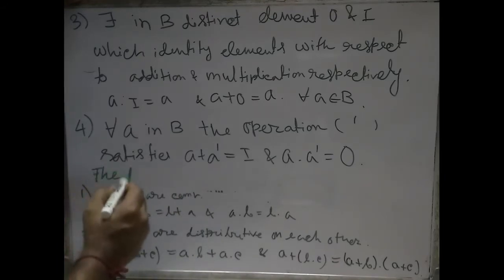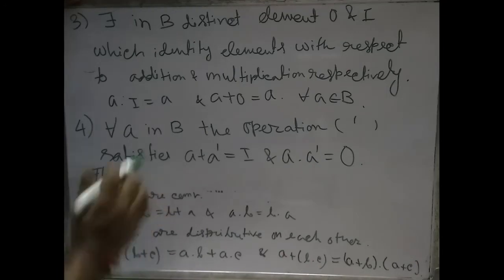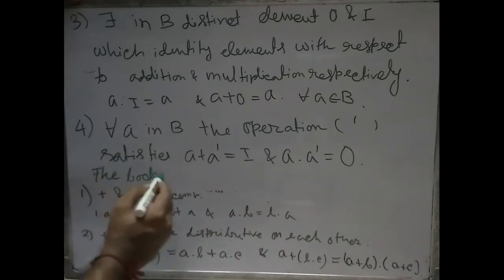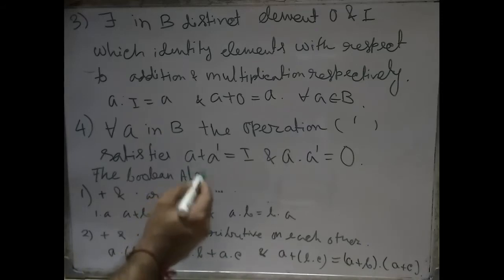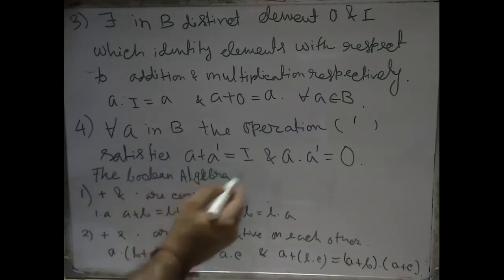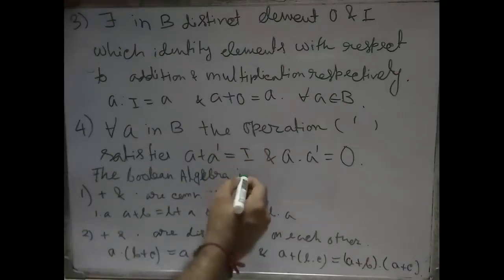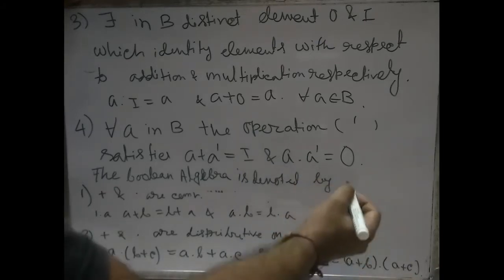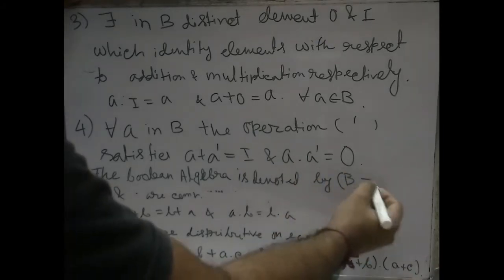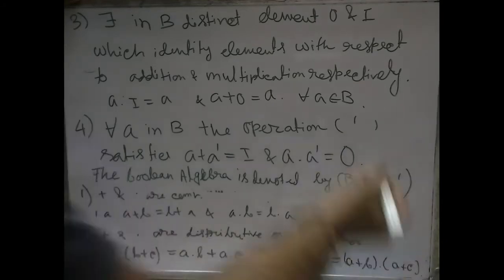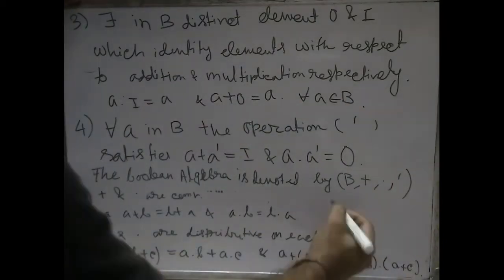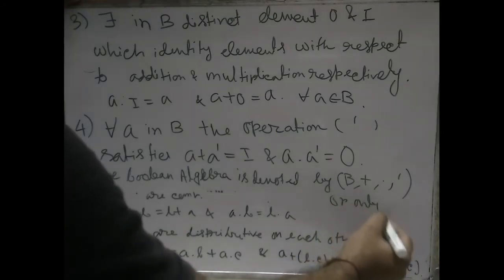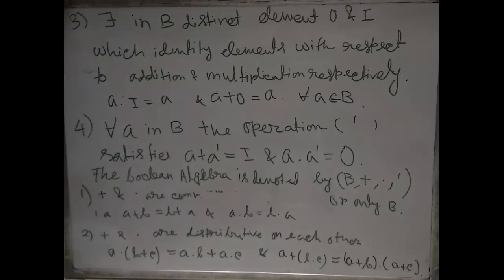The Boolean algebra is denoted by (B, plus, dot, dash), or only B. Sometimes we will write B instead of this 4-tuple.